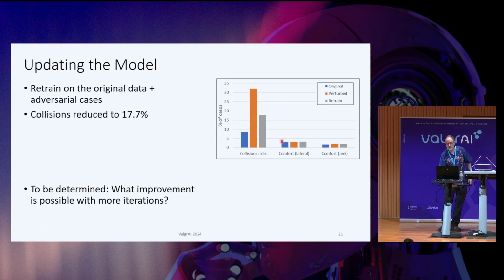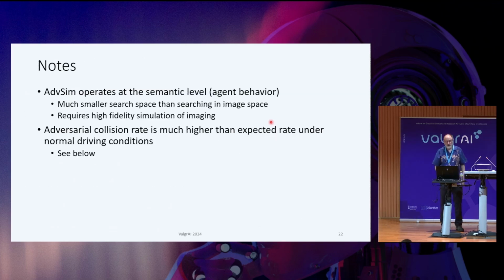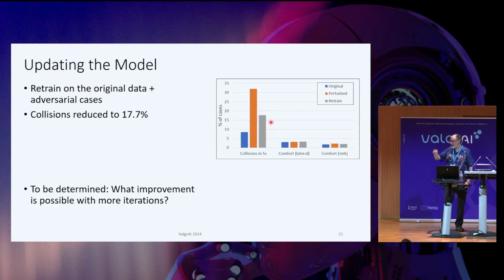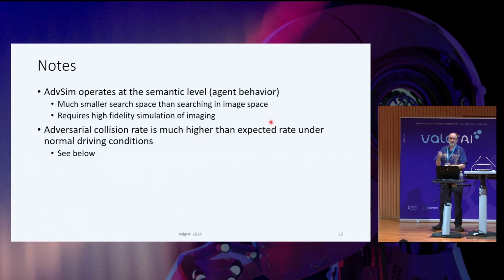And after retraining, the percentage of collisions drops to 17%. Now that still seems extremely high, of course. And that's because here we are really enriching, focusing on bad cases. That's not what we would expect under ordinary driving conditions. So they don't report iterating this more times, but that's the basic idea. So the most important thing is their ability to make their perturbations at a kind of semantic level, at the trajectory level, rather than at the pixel level.